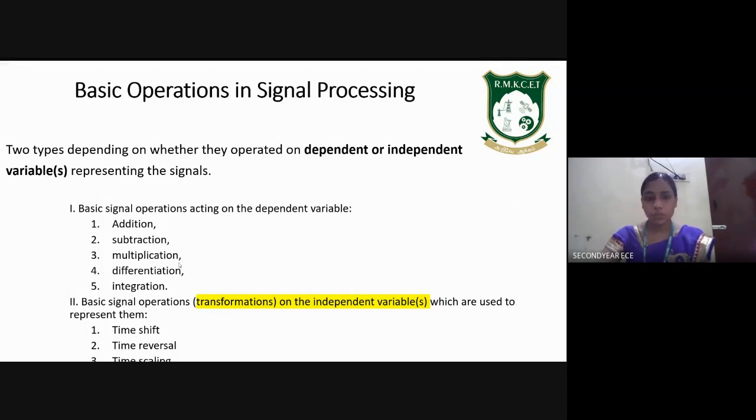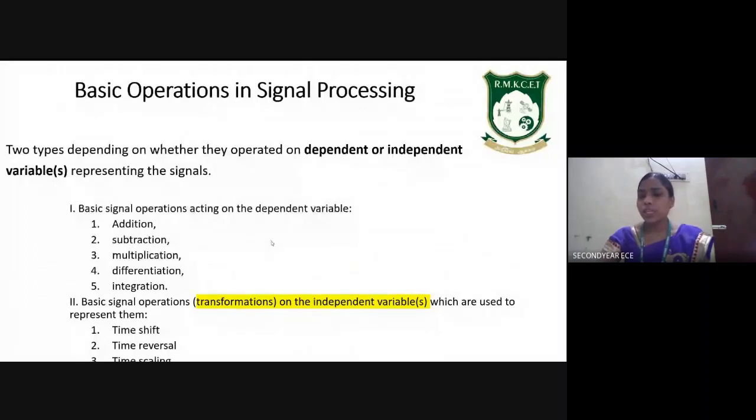Before going to see them mathematically and graphically, I want to first explain why these operations are required in real life, where we are using them.